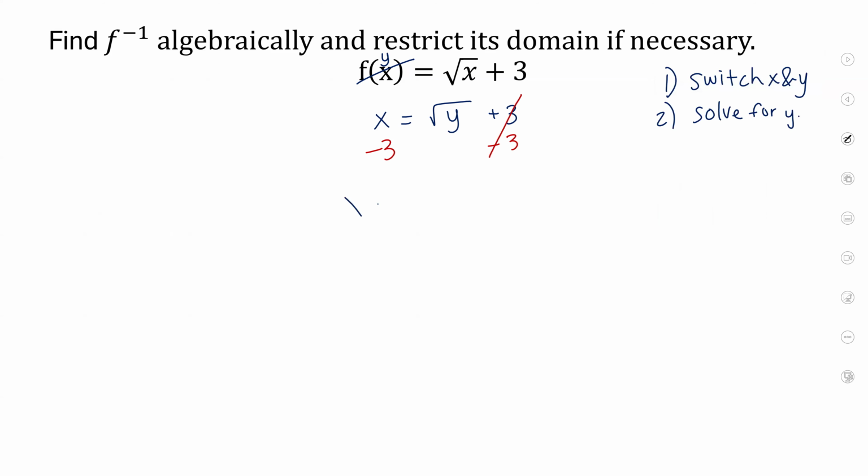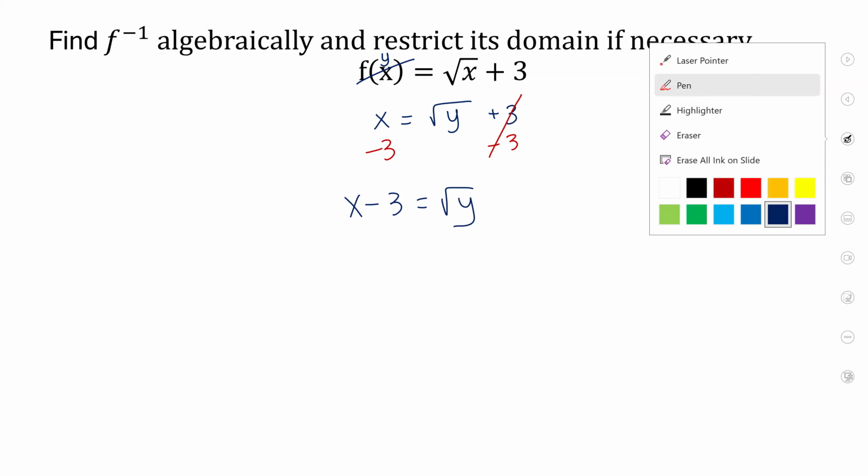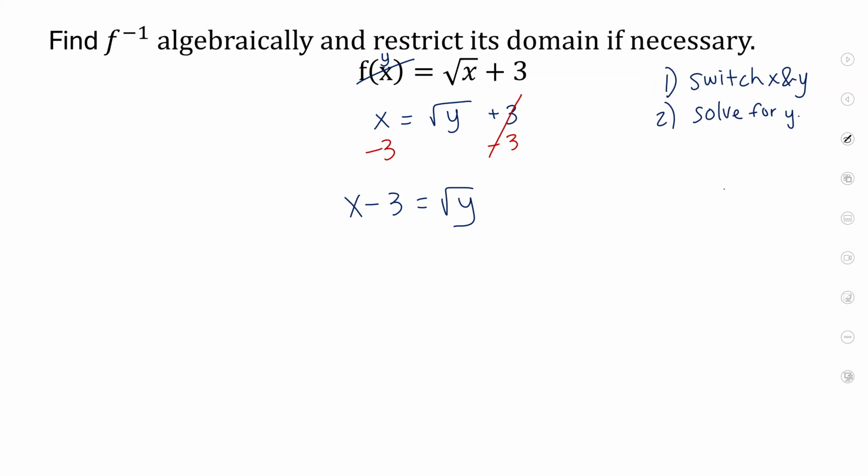I'm left with X minus 3 equals the square root of Y. Prachi, what do I do next? It's already square rooted. Sorry. There we go. Power of 2, both sides. All right. Last step, put it in inverse notation.